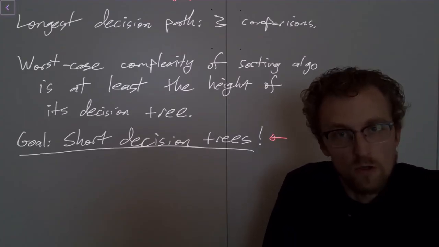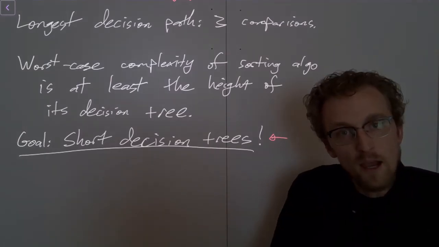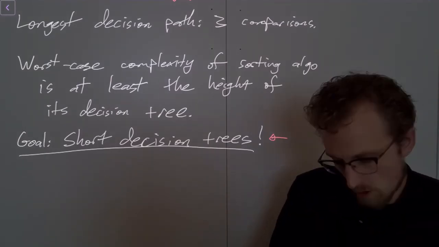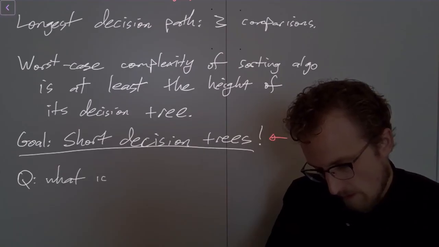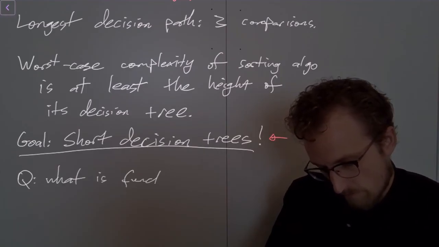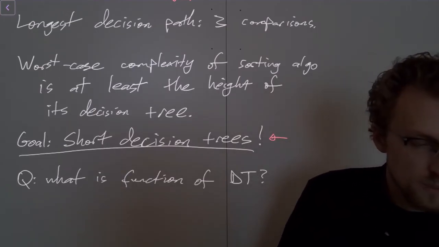We know that we want short trees because short trees mean that the decision paths are short, which means that the algorithms are fast. But what's the decision tree doing?